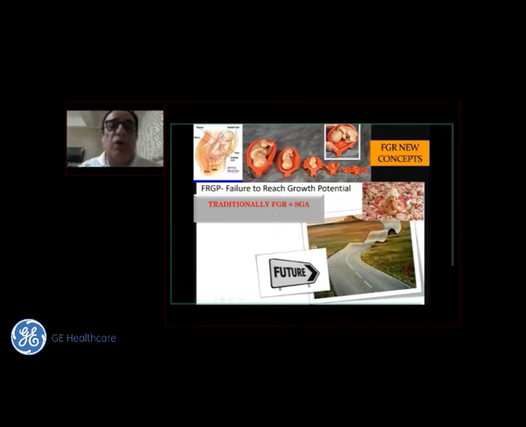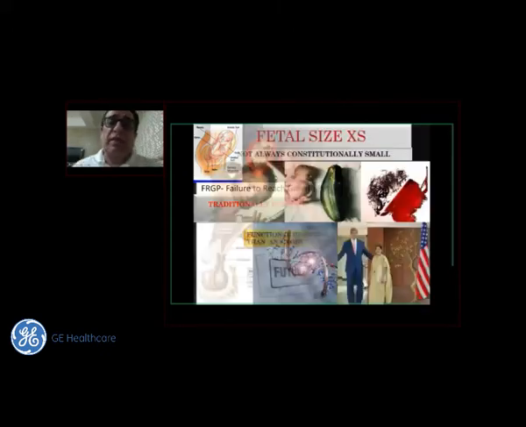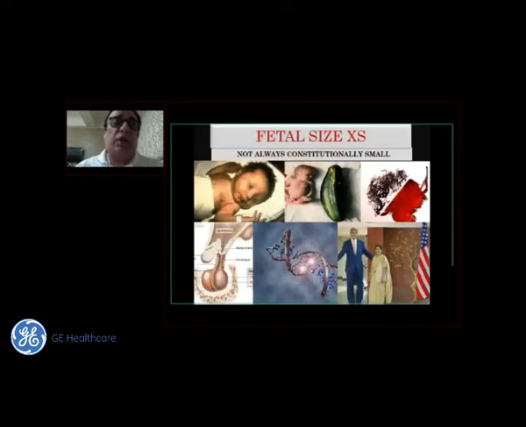Traditionally, of course, we used to take FGR as a surrogate for SGA, but now we know that this is not only an anatomical problem, this is a functional disorder rather than an anatomical disorder, and we'll discuss why. The other issue is, what are the reasons why the baby does not reach its actual growth potential? It could be infection, it could be a constitutionally, racially small baby that we are comparing with larger growth babies.